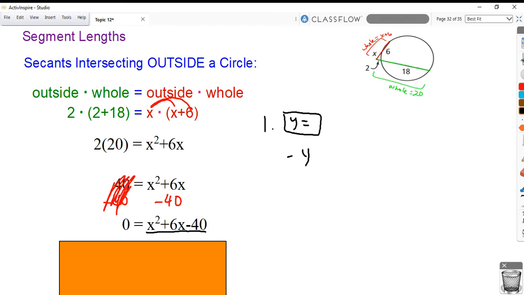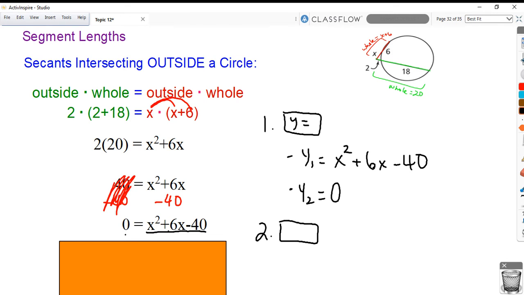You're going to say that y1 equals x squared plus 6x minus 40. Under y2, you're going to just put 0. So y1 is one side of the equation, y2 is the other side of the equation. Next, you're going to graph it.